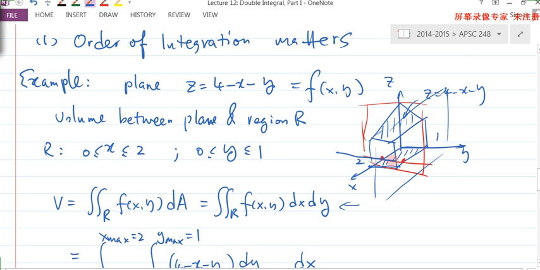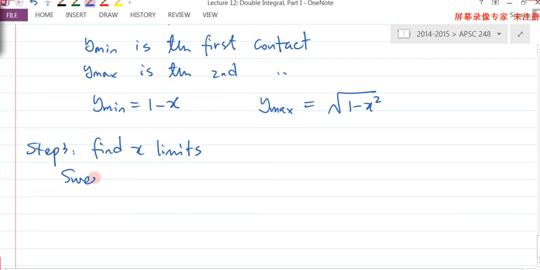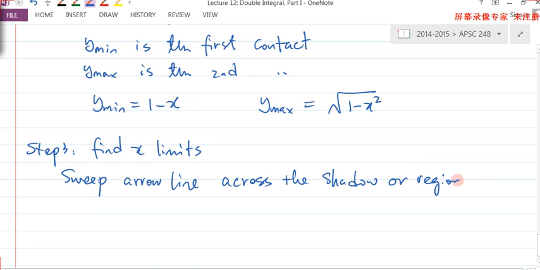Basically, it's equivalent to saying you sweep that arrow line I just drew across the bottom region, the shadow, which here is region R. Sweeping, you don't change the direction, just move it parallelly across this region R.